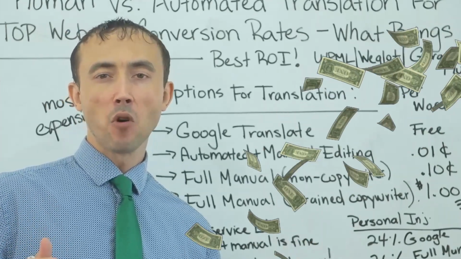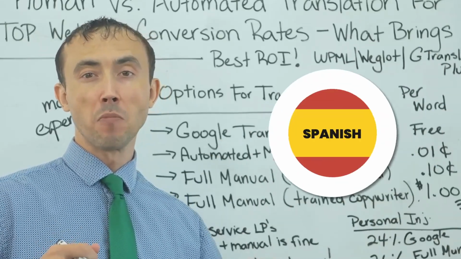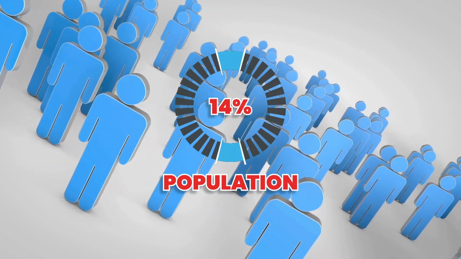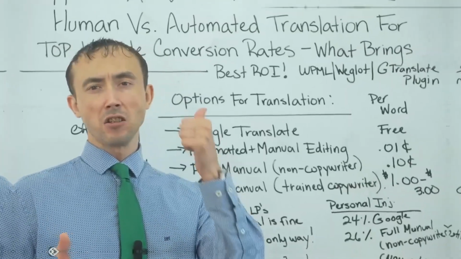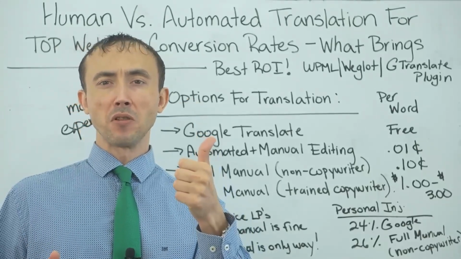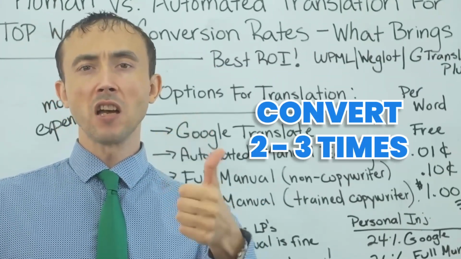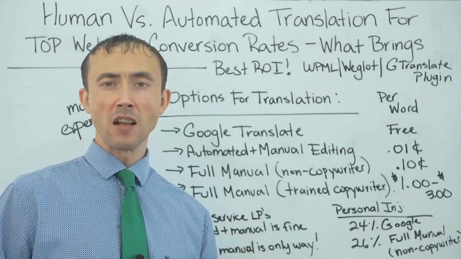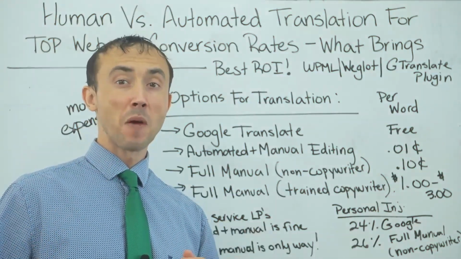You can make a lot more money if you also translate your content, at least particularly putting things into Spanish, because 14% of the population alone in the United States is speaking Spanish nowadays. You'll make considerably more money, not just because of that 14% per se, but that 14% will convert 2 to 3 times as good as an average user who's not Spanish speaking, because you have basically narrowed the competition for that Spanish speaker.